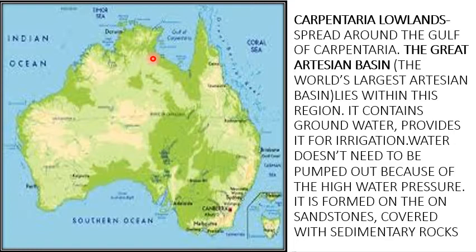Water does not need to be pumped out because of the high water pressure here. The base on which the basin is formed is sandstone, which is covered by a layer of marine sedimentary rock.